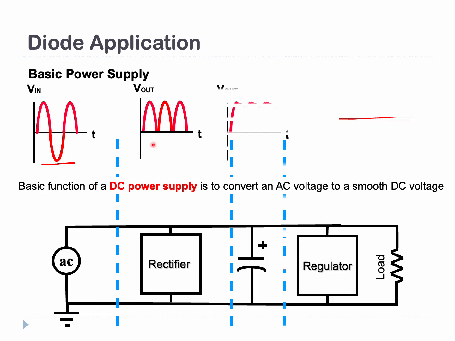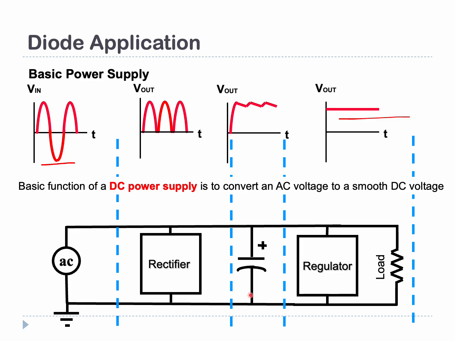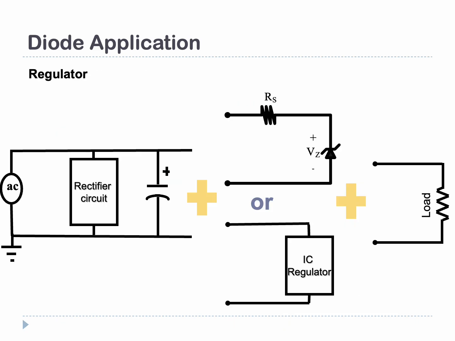And then we have a filter, which will eliminate the fluctuations of the waveform. And lastly, in order for us to have a smooth DC voltage, we need to apply a regulator. So this is the complete block diagram of a DC power supply.